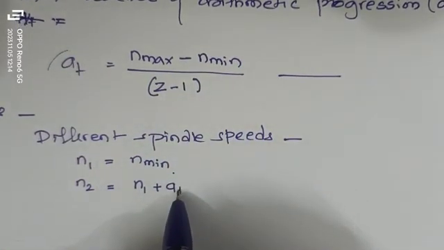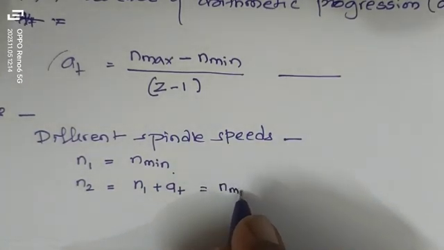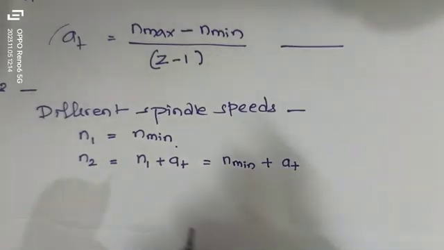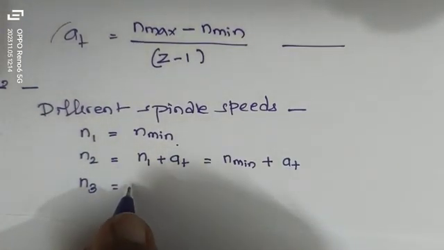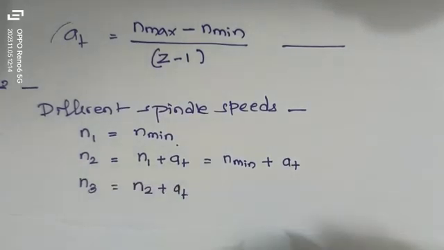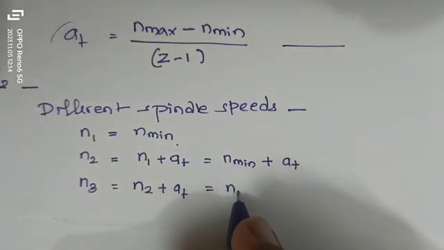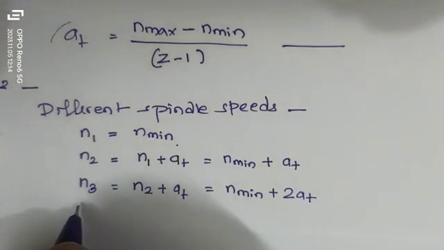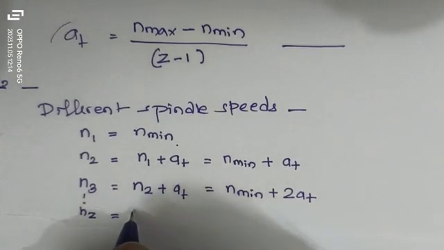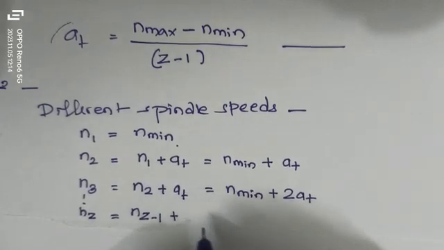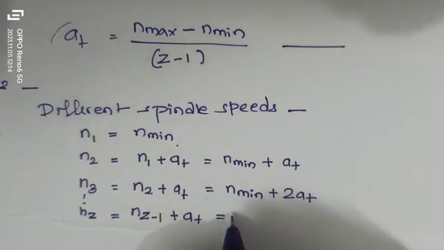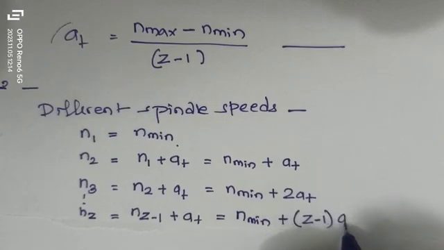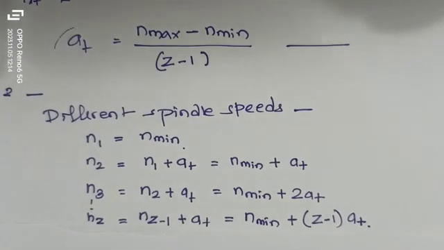So N2 equals N1 plus AT, or N minimum plus AT, right? N3 is N2 plus AT, or N minimum plus 2 AT, and so on. NZ can be written as NZ minus 1 plus AT, which equals N minimum plus Z minus 1 times AT, isn't it?